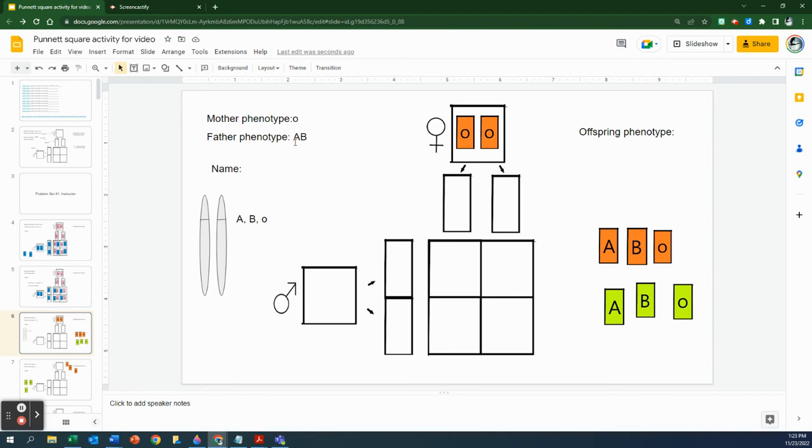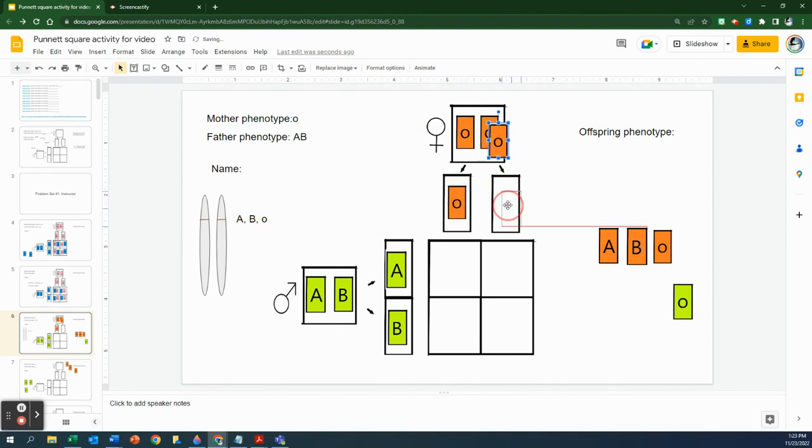Now, the father, his phenotype is AB, and again, without knowing what any of this entails, you can say, I have an A, I have a B. He probably has to express both of it. And then we also know that some of his sperms are going to have the A, and some are going to have the B.